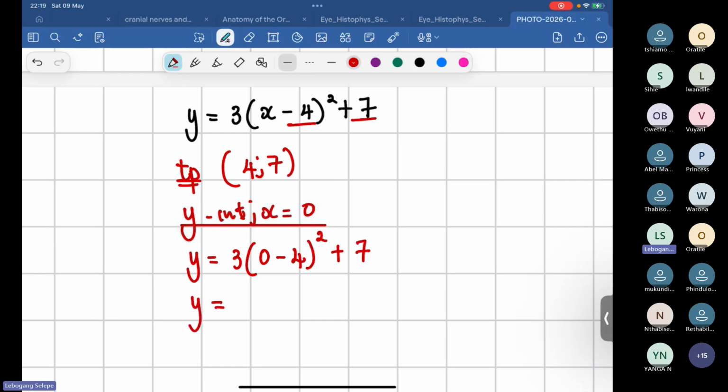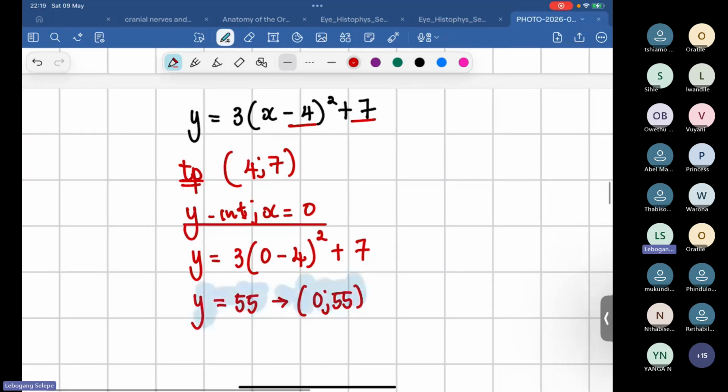Therefore, you're going to find the y-intercept. What is the y-intercept? 55. I'm also getting 55. Thank you. So the y-intercept is (0; 55). These are the coordinates of the y-intercept.